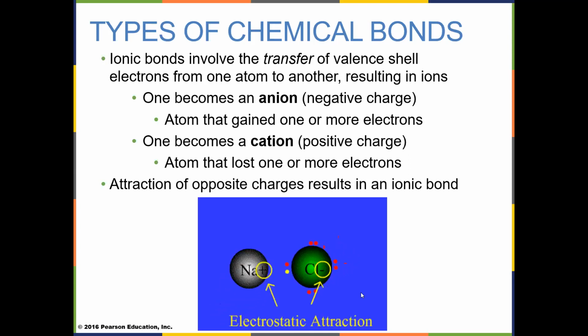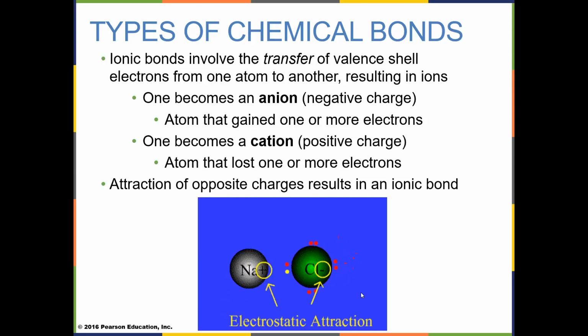Well, that's not all that happens. The positive sodium ion is attracted to the negative chlorine ion because the chlorine ion got the electron. You know, sodium is willing to give up the electron. Chlorine grabs it.